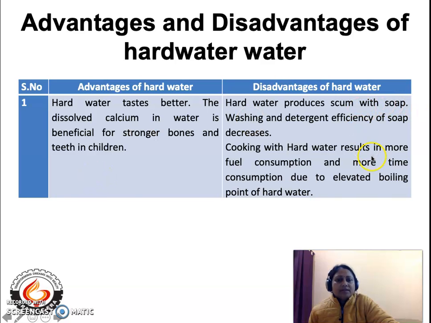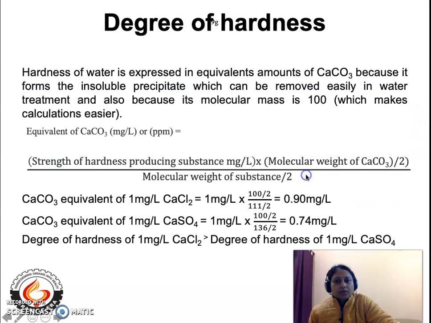But what are the disadvantages? Hard water causes depressed cleansing, for which more soap is required to enhance the cleansing efficiency. Also, hard water results in the consumption of more fuel, more energy and more time, and these are the disadvantages of using hard water.